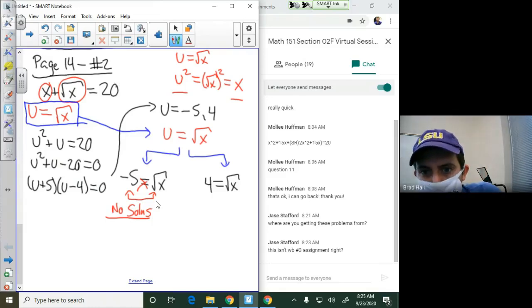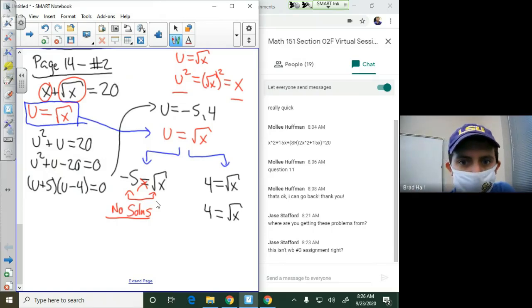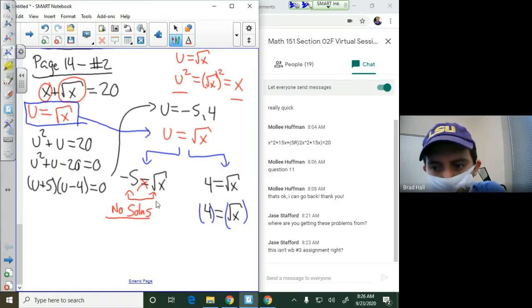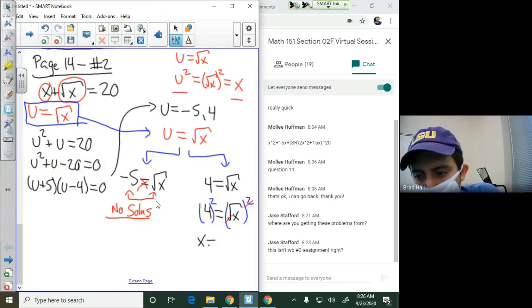But over here on the right, this is okay. And now to get x by itself, we can square both sides to get rid of these square roots. Square root with the square. And so all we get is that x is 16.